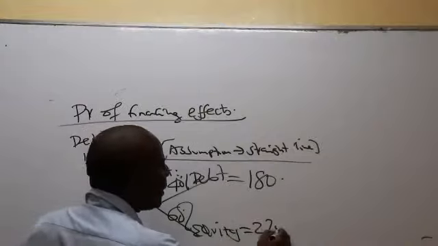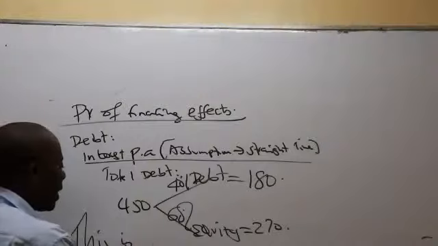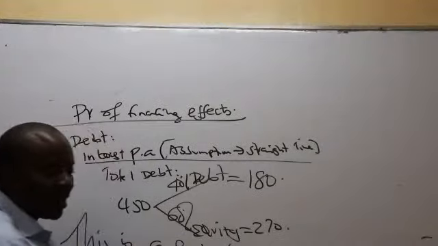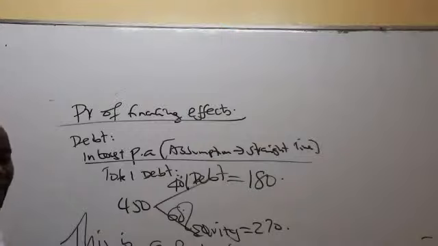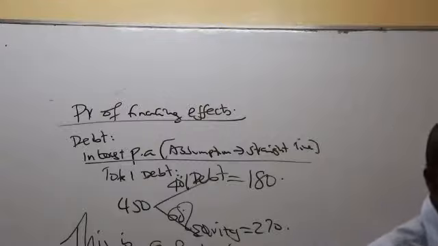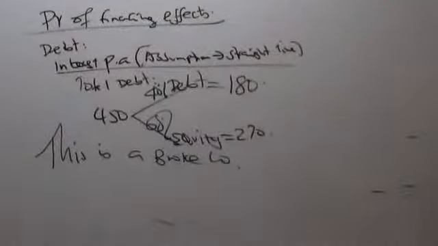270. But ladies and gentlemen, this is a broke company that wants even to borrow issue costs. They can't even afford issue costs. We've been told in this case that the loan they'll be borrowing must include the issue cost.